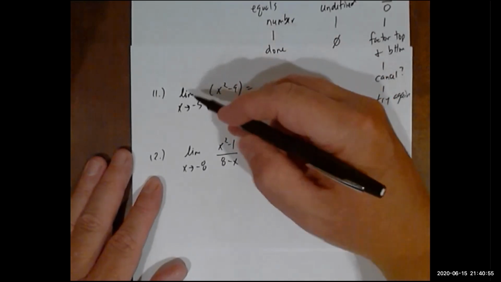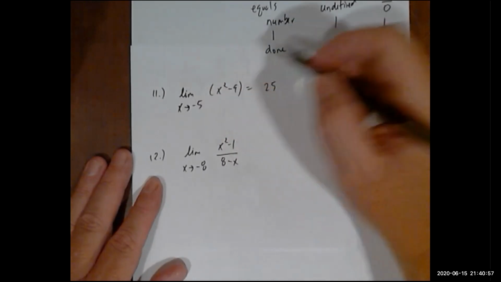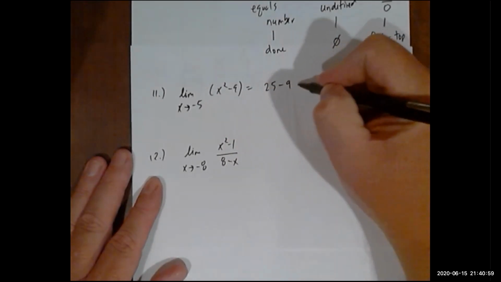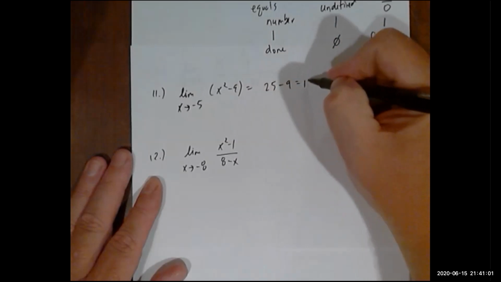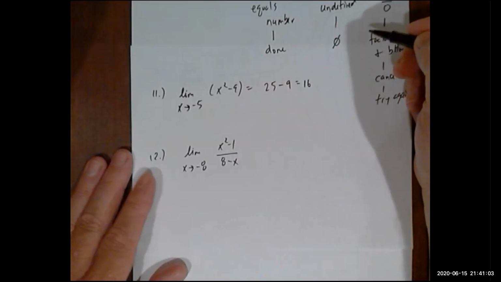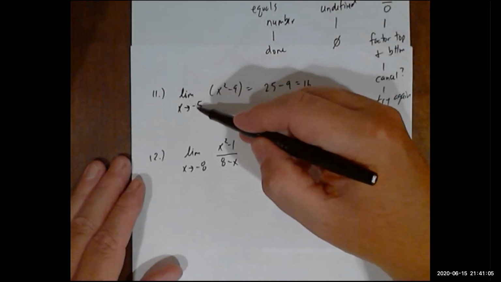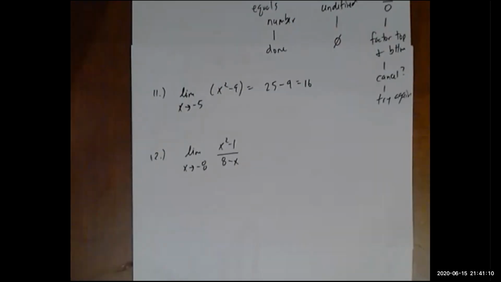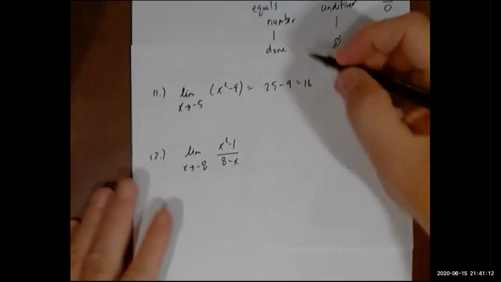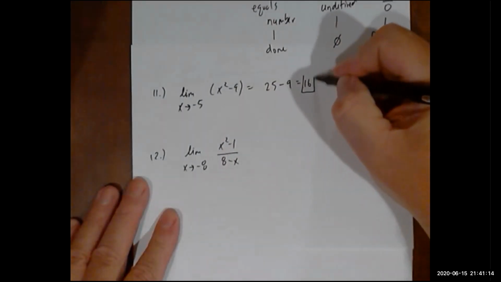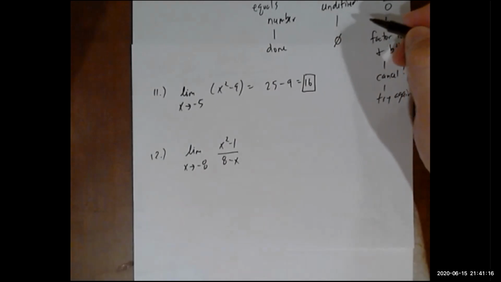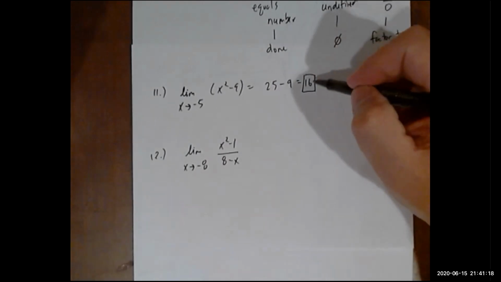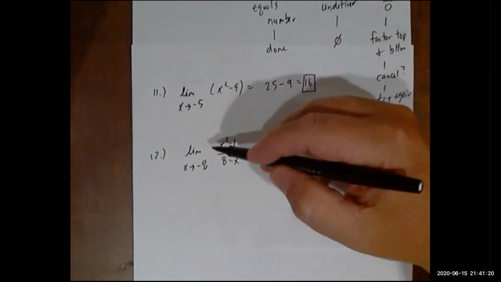Negative 5 times negative 5 is 25, minus 9 equals 16. So what happened? I plugged in the number for x. It ended up being a number. That should be my answer. I'm not going to check it yet. We'll check them all at the same time.